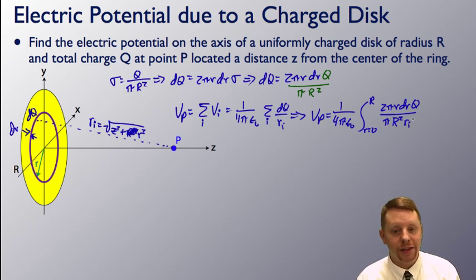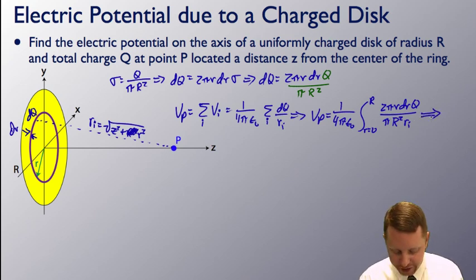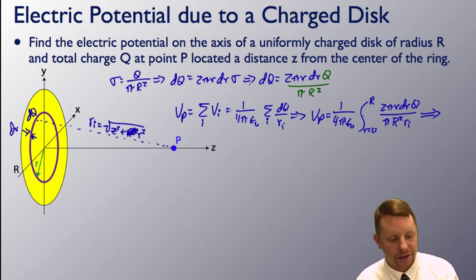All right, we've done the physics. The rest of this is just a math problem. It might take us a little bit to get this integral, but we've already done the physics here. Everything else is just math. Okay, so let's see if we can simplify this and get VP into a more reasonable form. First thing I'm going to do is pull out all of the constants that I can.